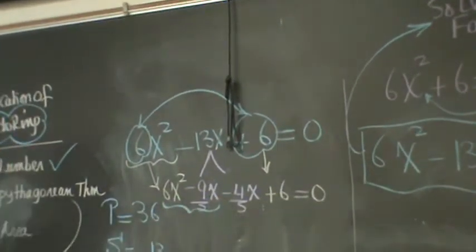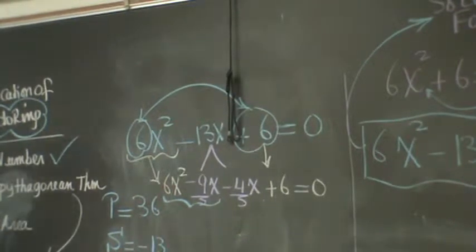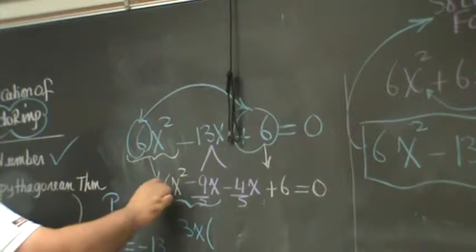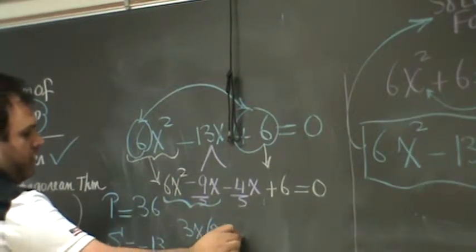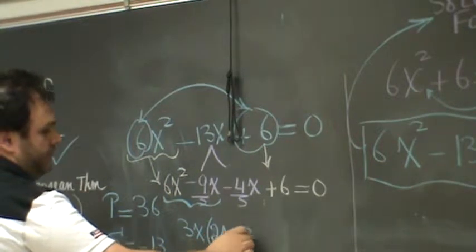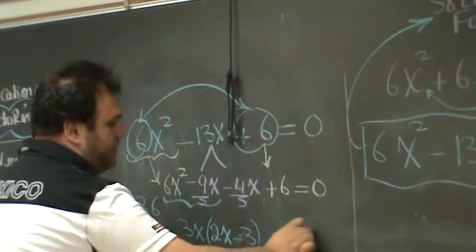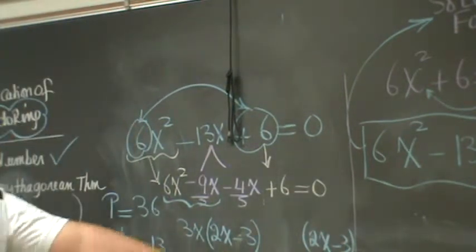What's the GCF between the first two? 3x. 3x times what's left of the first term: 2x. 2x minus 3. So I want 2x minus 3 to be my common factor, right? If I just put over here 2x minus 3, then what does that mean? What did I factor out?